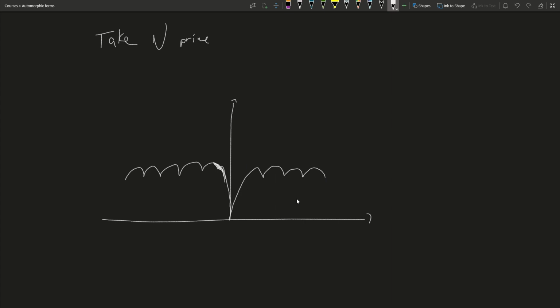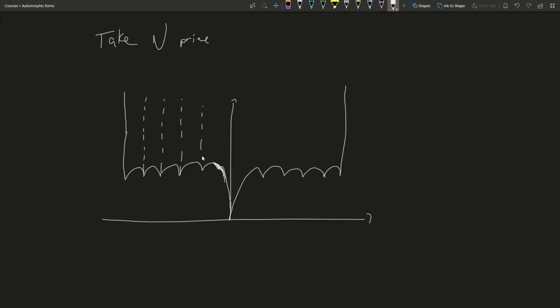And then you have this thing, and your fundamental domain is this stuff up here. And these are really copies of the fundamental domain for SL2Z, but just distorted.